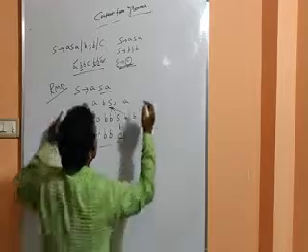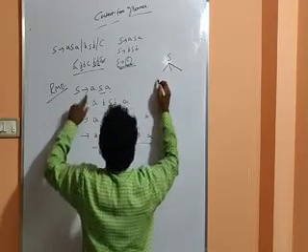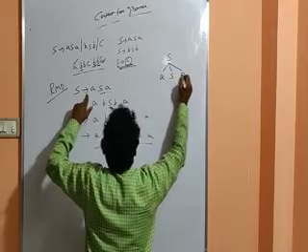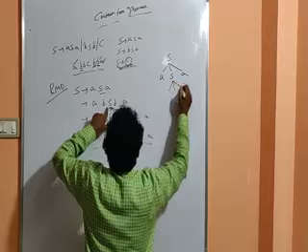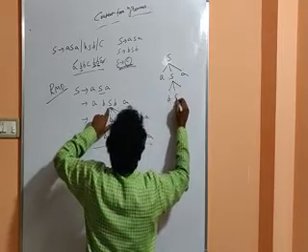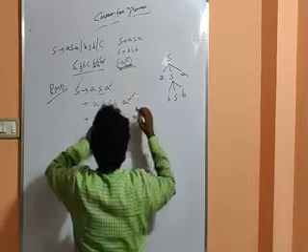S is a root node which is giving rise to A, S, A, and this particular S is giving B, S, B. Whatever step is completed, you keep a tick mark.